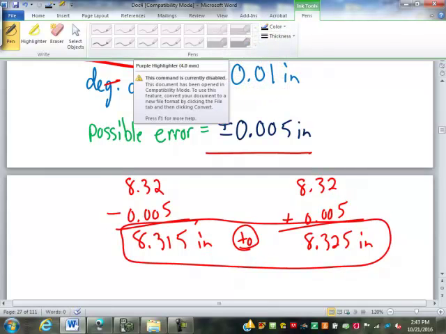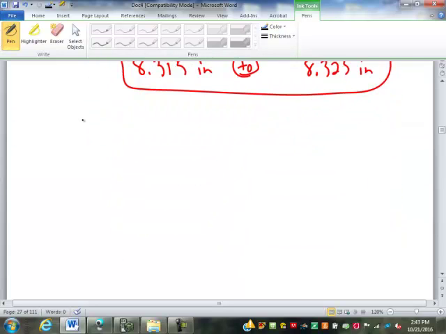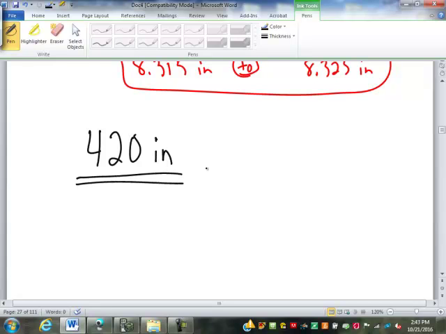Now, I had mentioned earlier that there is an exception to that degree of precision being just the last digit. If I have a measurement like 420 inches, there's a gray area here.